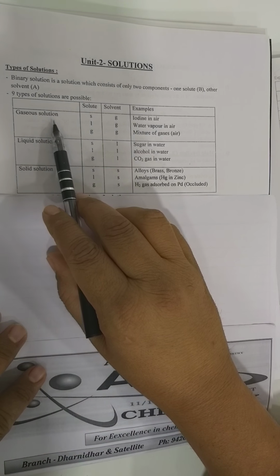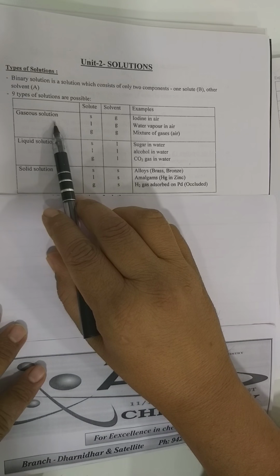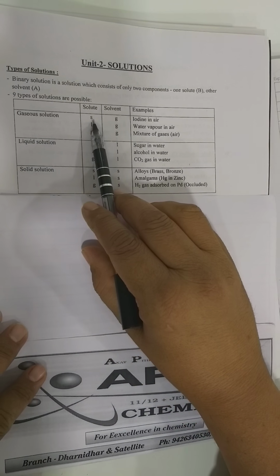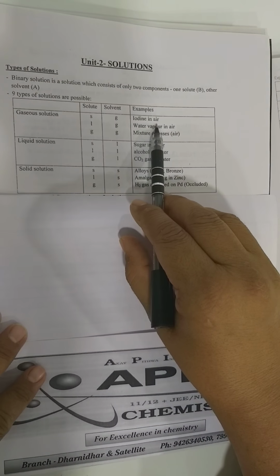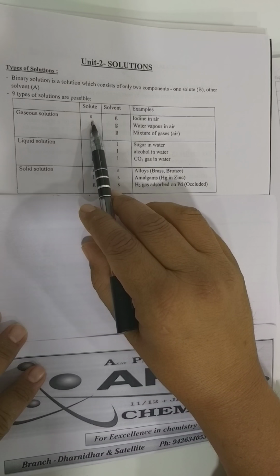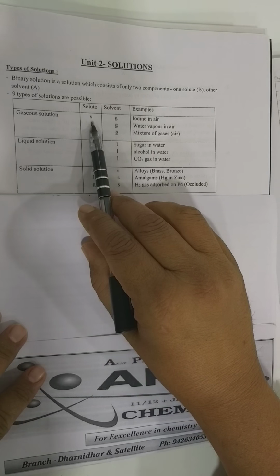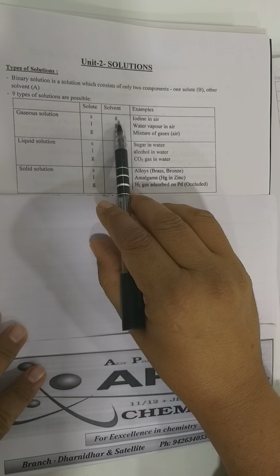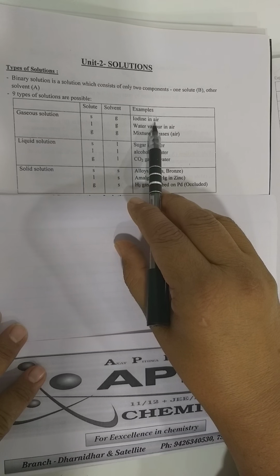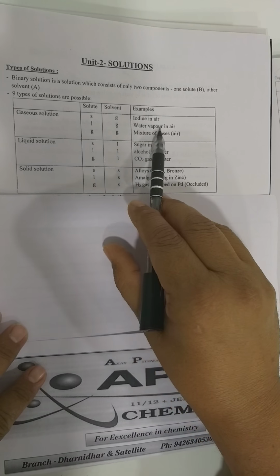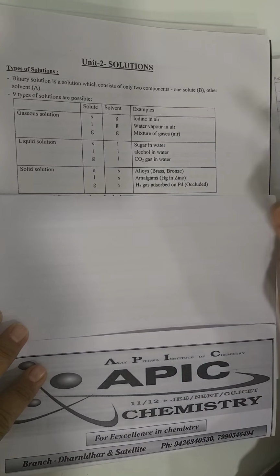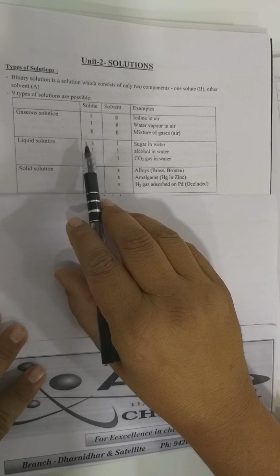First of all, gaseous solution. That means a solute will dissolve in gas. A solid dissolved in gas, that means iodine in air, is a gaseous solution. Liquid dissolved in gas is water vapor in air, just like the fog that we can see in nature.